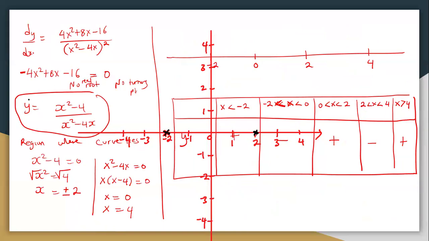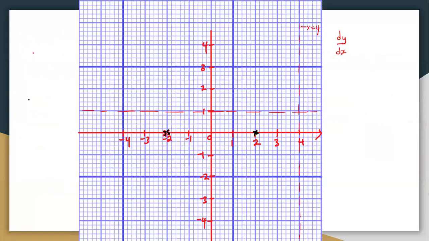From a positive, it went on to become a negative between -2 and 0. So since your curve must pass here, when you are sketching, you're going to come and do like this. It must pass through that.